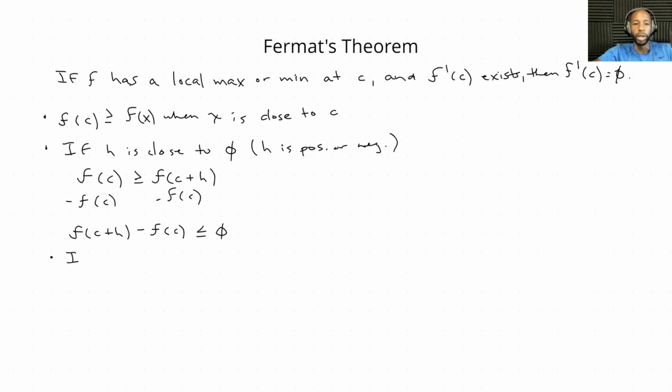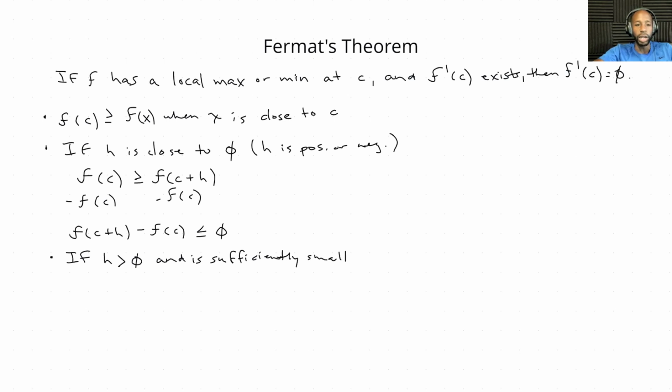Okay. Now, next point. If h is greater than 0, so in other words, if the h value chosen is positive and is sufficiently small, then we're going to take this right here and we're going to divide it by h.